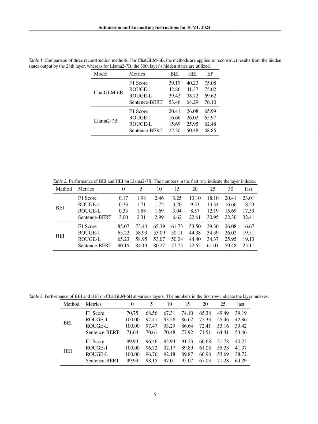Additionally, the varying layer depths and attention heads in the two models could also contribute to the divergent trends in BEI performance. Overall, the results underscore the importance of tailoring inversion strategies to suit the specific characteristics of different large language models to achieve optimal performance in text reconstruction tasks.